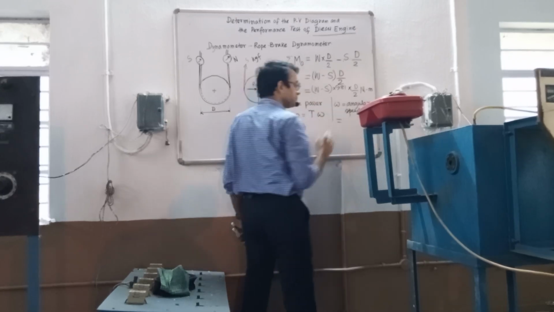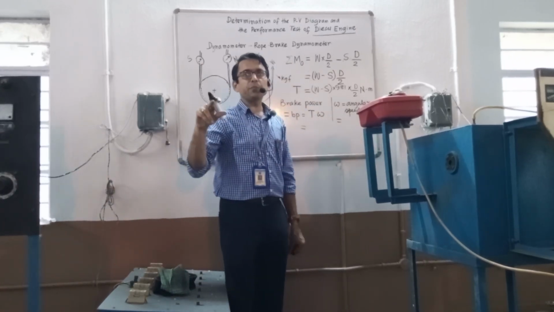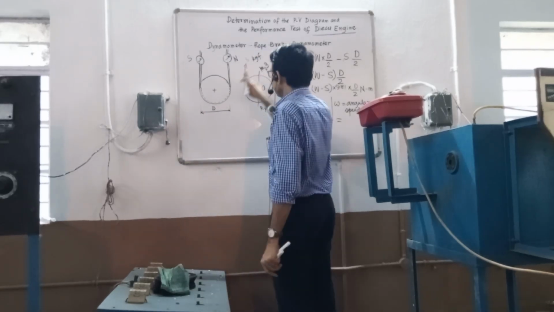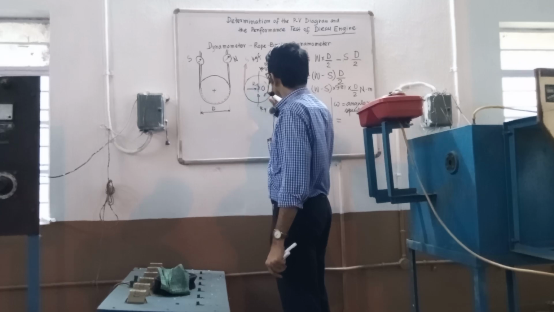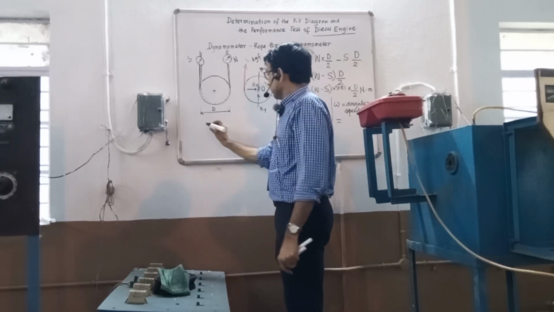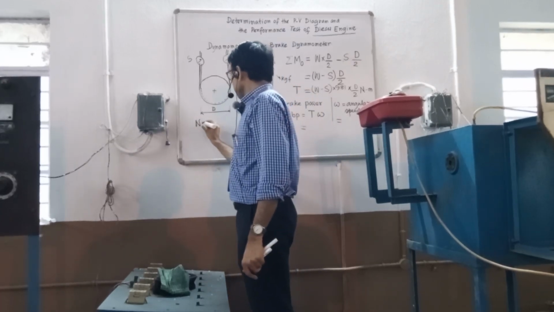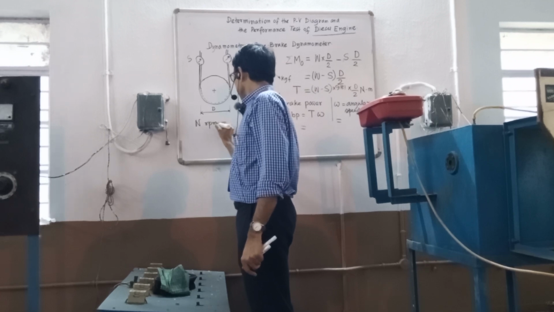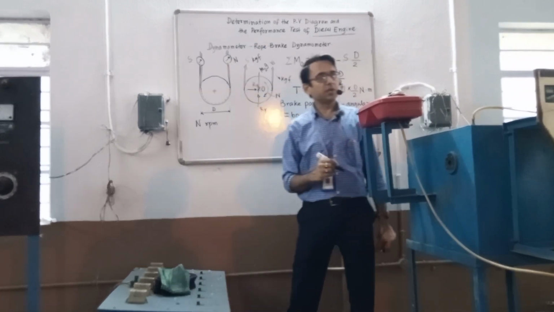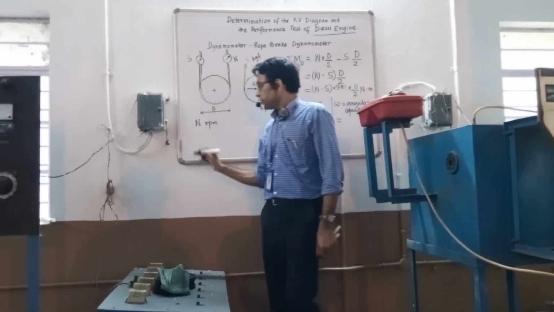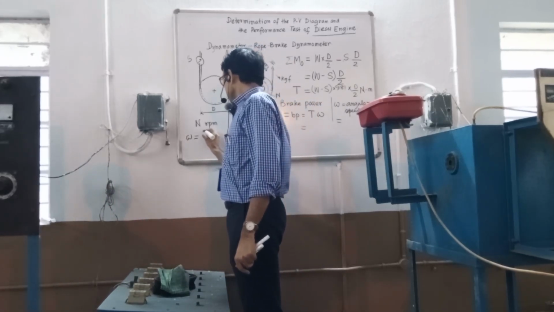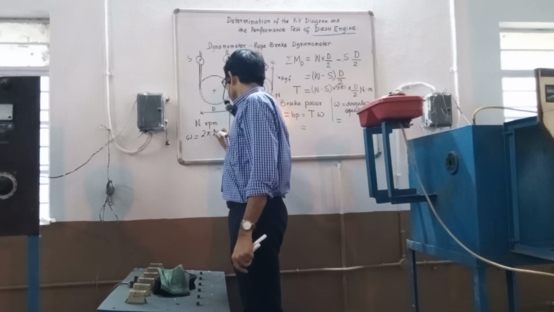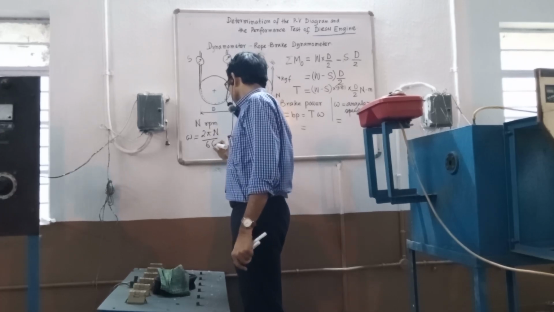If N is the RPM, it is rotating with N RPM angular speed. So omega is equal to twice pi N by 60.